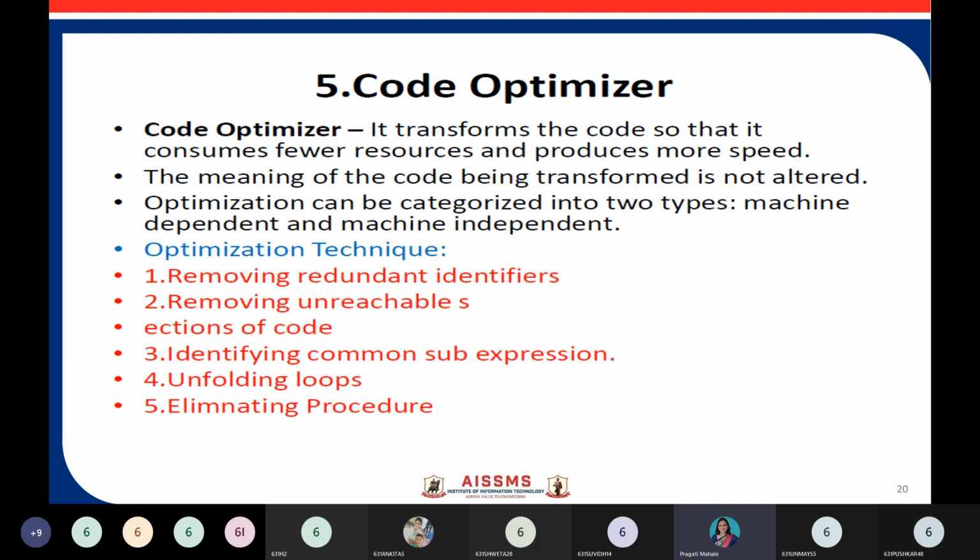There are many techniques used in code optimization, like removing redundant identifiers, removing unreachable sections of the code, identifying common sub expressions, unfolding the loops, and eliminating procedures. These techniques support efficiency, speed and optimized use of resources.